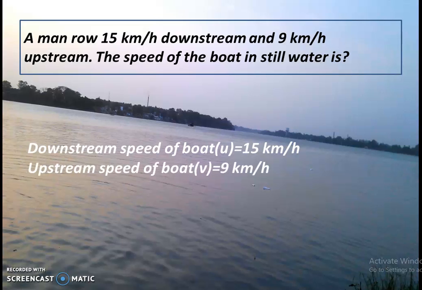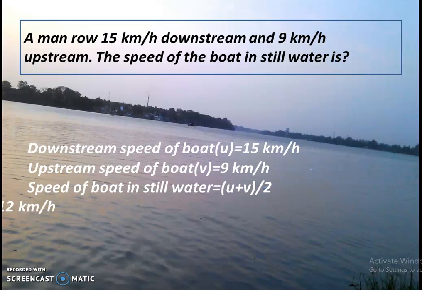Now we can calculate the speed of the boat in still water using the direct formula. So we will add u and v and divide it by 2. After adding 15 and 9, we get 24, and 24 divided by 2 is 12 km per hour. So that is the answer. In a similar fashion, we can calculate the speed of stream also. Hope this solution is clear.